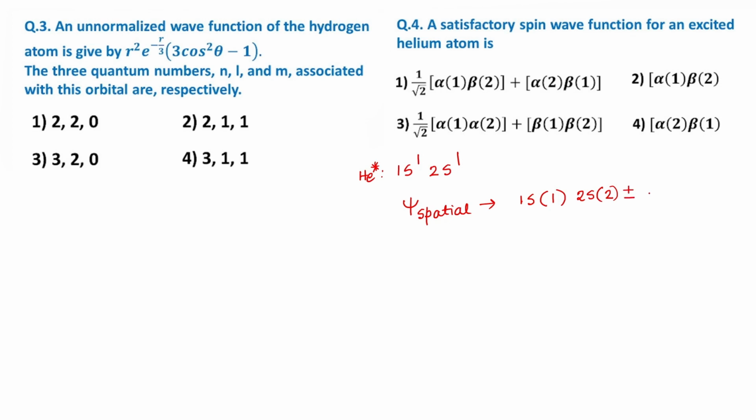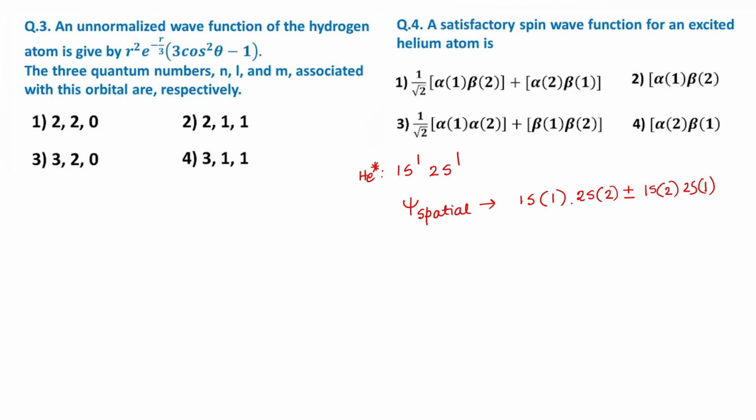We have to take a linear combination, right? The second electron is in 1s and the first electron is in 2s. Are you getting my point? So this is the spatial part for a helium excited state. As electrons are indistinguishable, the first electron could be in 1s or could be in 2s. We can't really distinguish.